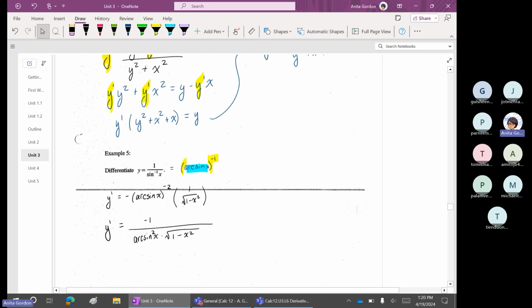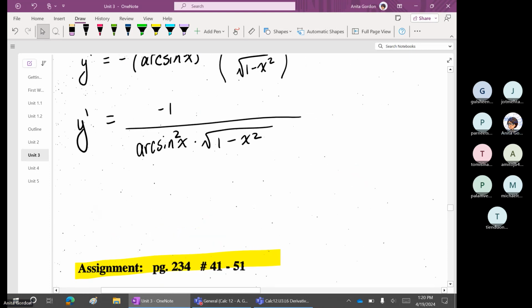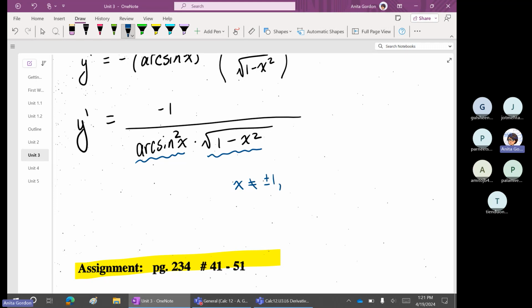And I forgot to write the restrictions on example 5. The restrictions are that this cannot be 0 and this cannot be 0. So x cannot be plus or minus 1. That takes care of the square root. And for arc sine, what makes sine 0?